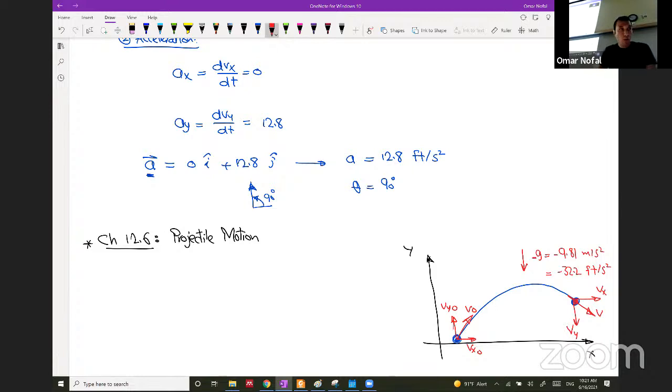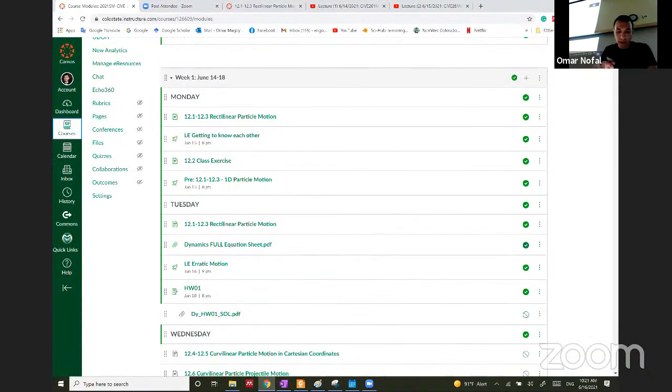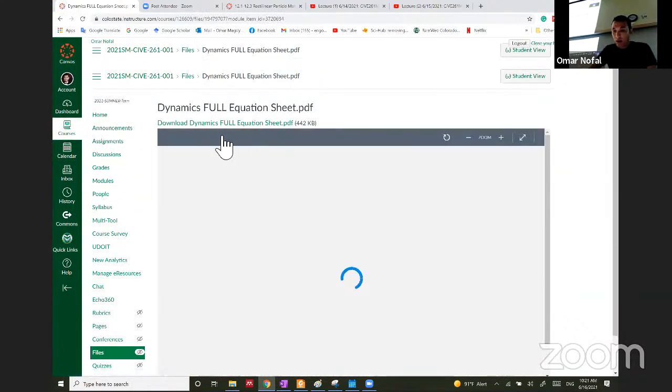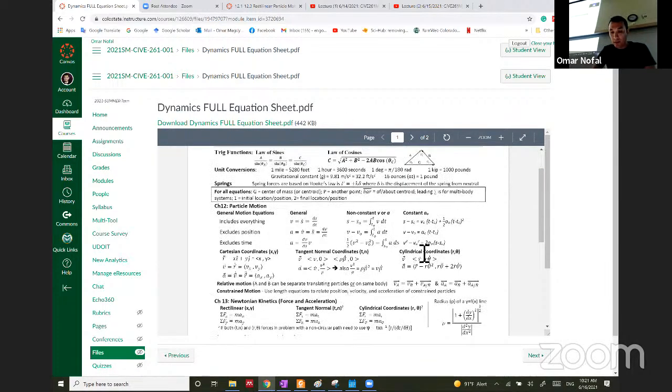If you recall from last time, we have some equations in the dynamics equation sheet, and you are good to use them in your exams. We derived these equations from first principles last time, the general one, the non-constant one and the constant one. Projectile motion is under constant acceleration, which is the gravitational acceleration.